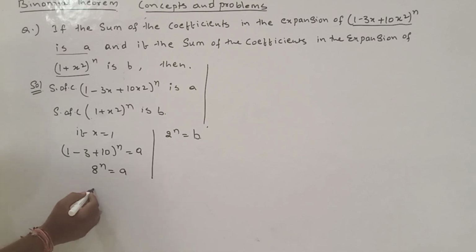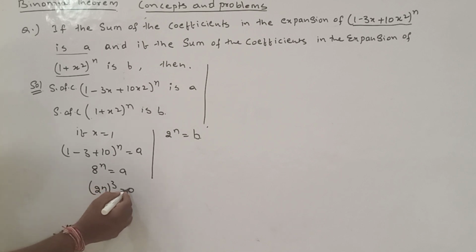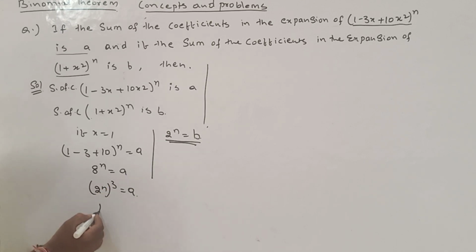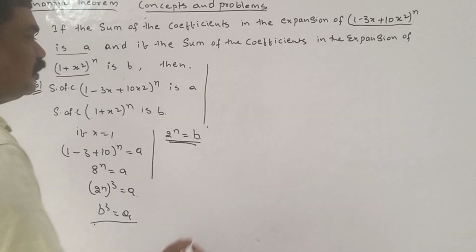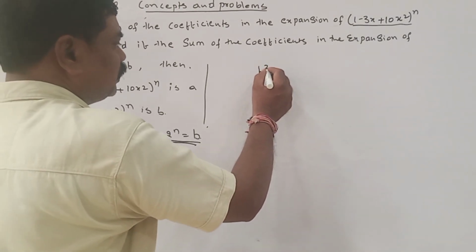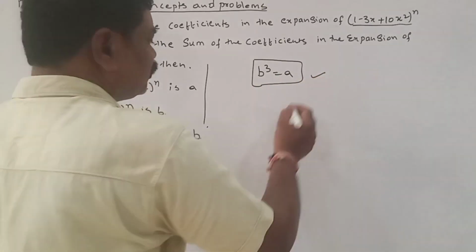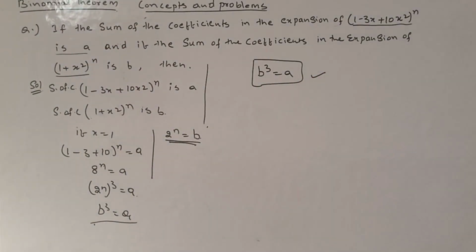So here (2 power n) whole power 3 is equal to a, but 2 power n is equal to b. So b cube is equal to a. The relation between a and b is b cube equals a, which is the answer. Okay, all of you. That's all.